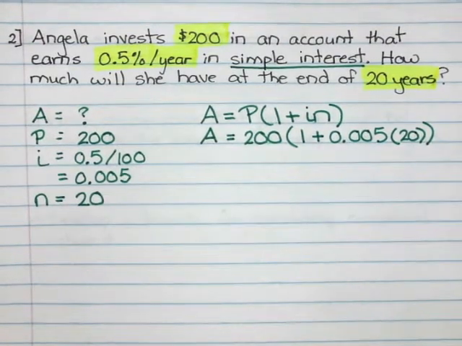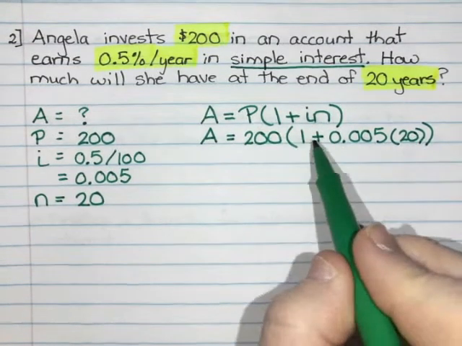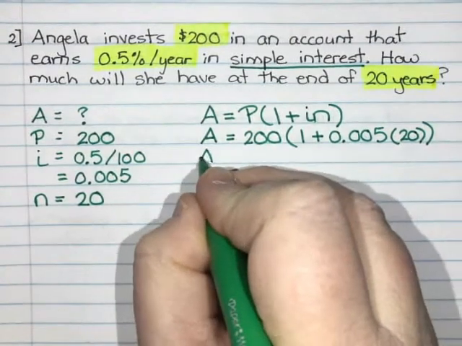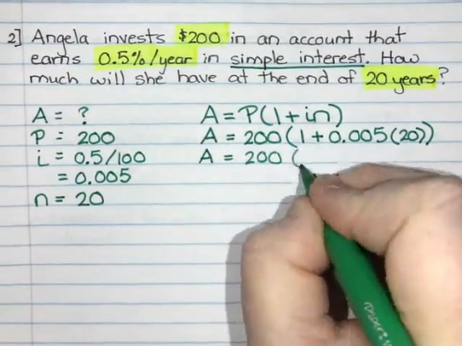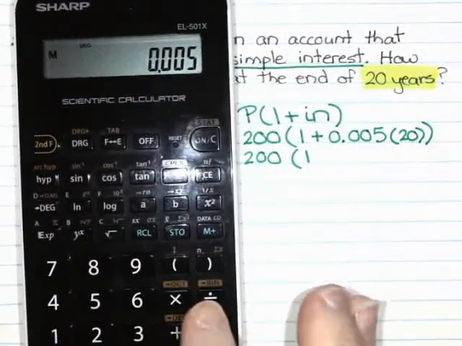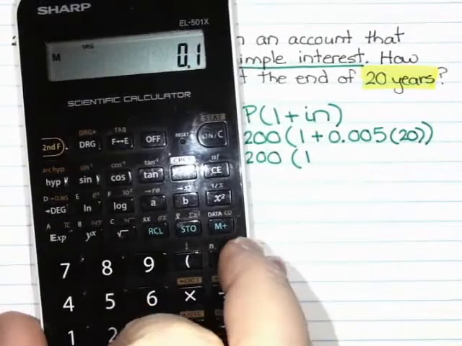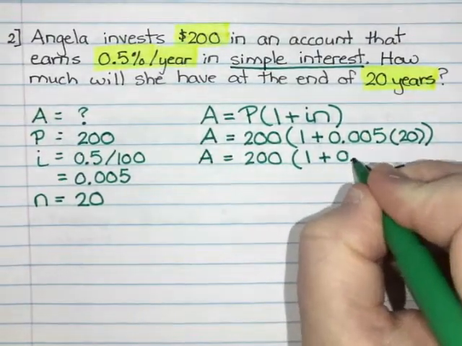Order of operations says you need to do your brackets. And inside my bracket, I need to do multiplication before I add. So we're going to start by multiplying those two numbers together at the end. Actually, only one of them is a decimal. So 0.005, which is still in my calculator, times 20 is 0.1. So I have 1 plus 0.1.